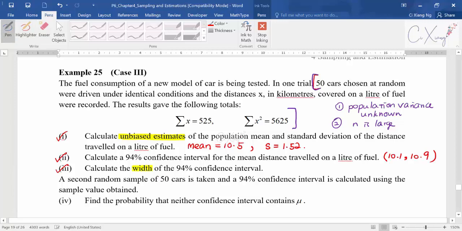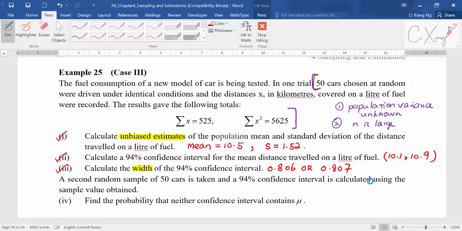Also very simple, you just apply the width formula. The answer should be 0.806, or they will also accept 0.807, either one. All these are basic calculations only, so I believe there's no problem for you to get the answer. Then after that, we continue further.